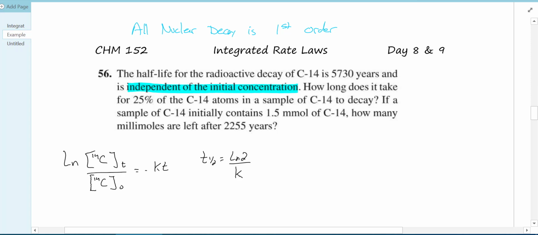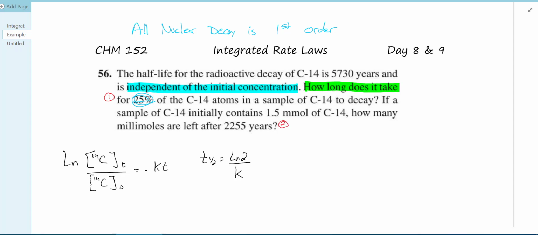Right? There's your question. How long does it take for 25% of the carbon-14 atoms to decay? Well, that would be 2 half-lives, doesn't it? So that's kind of question 1. Here's question 2.